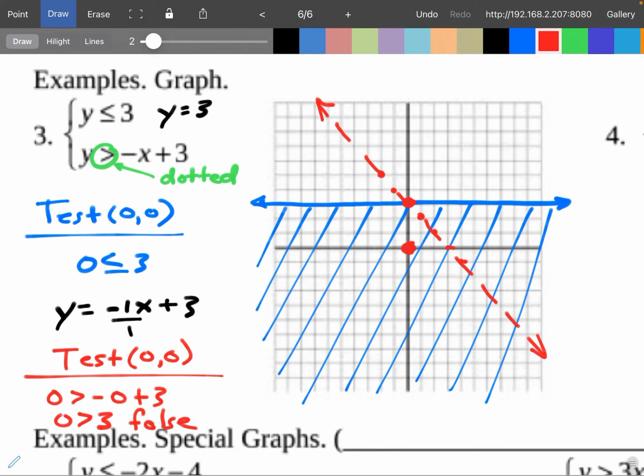So that would look like 0 is greater than negative of 0 plus 3. Well, the negative of 0 is just 0. So that just says 0 is greater than 0 plus 3, which is 3. Is 0 greater than 3? True or false? That is false.